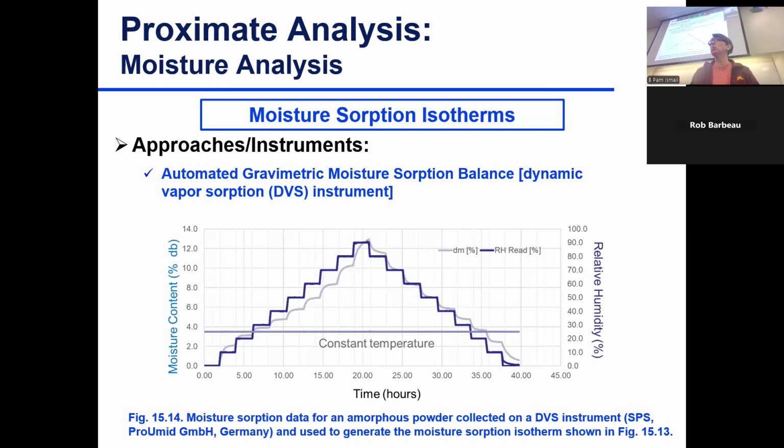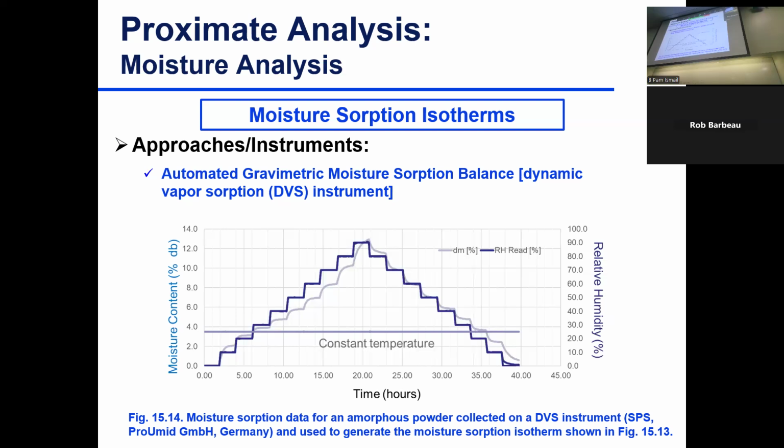Okay, what do you need to know from an isotherm? To plot an isotherm, you want to have your samples equilibrated at different water activity levels. After you have that equilibrium, you measure moisture content on dry basis, which is the ratio of moisture to dry matter, and you measure water activity.